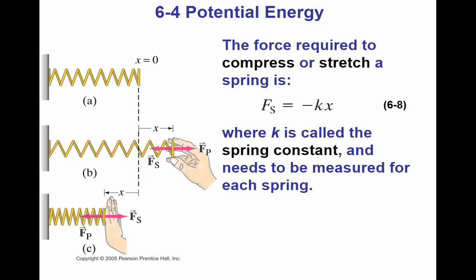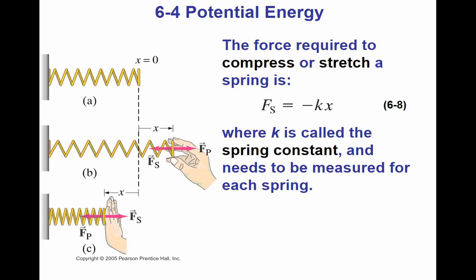So the spring constant is different for each individual spring. It's often called the stiffness constant. It refers to how stiff or how rigid the spring is and how difficult it is to produce any displacement. So obviously to find the spring constant would be the force divided by whatever the displacement is.